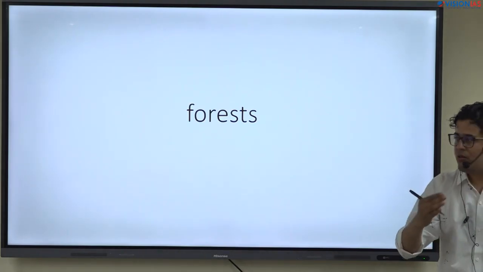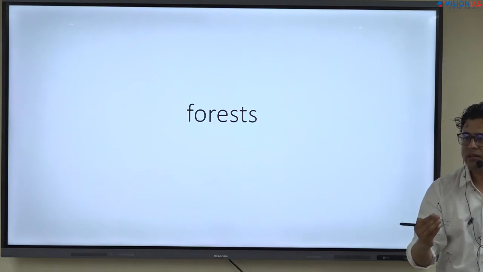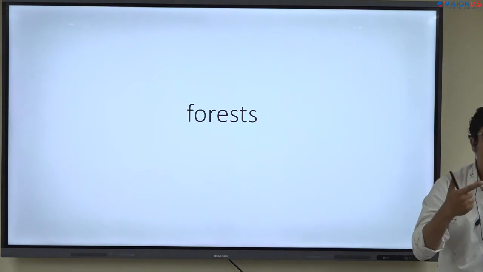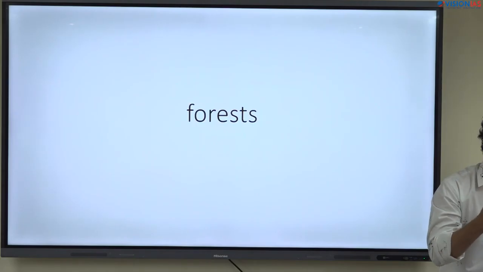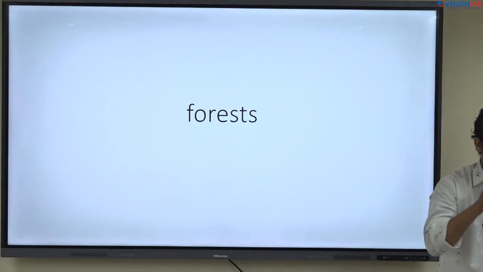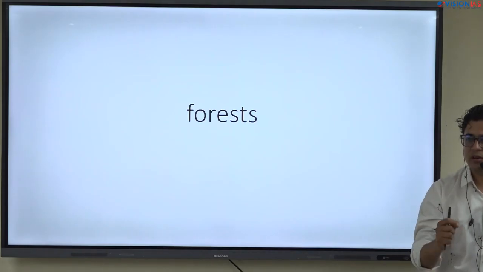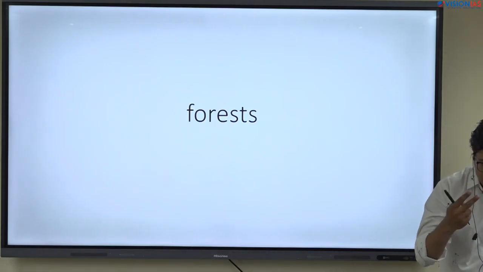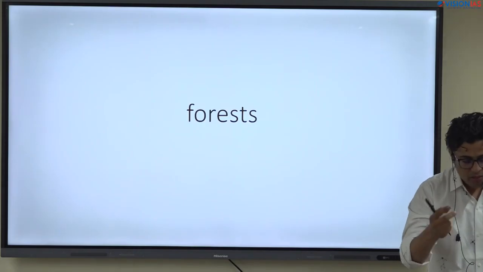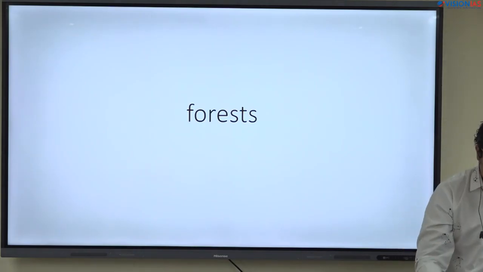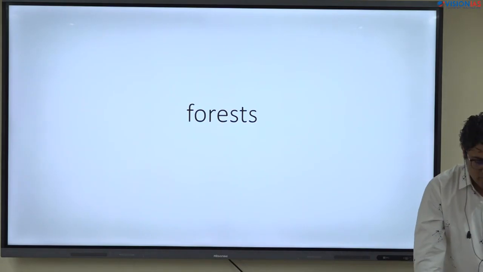So there are 3 or 4 factors that you have to consider: rainfall, temperature, soil, and elevation. They all play an important role in categorization of the forest. So start reading the initial 2 paragraphs, which will tell you about these factors.